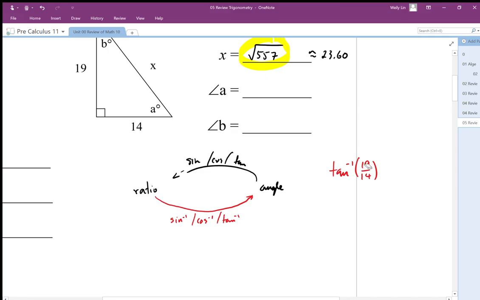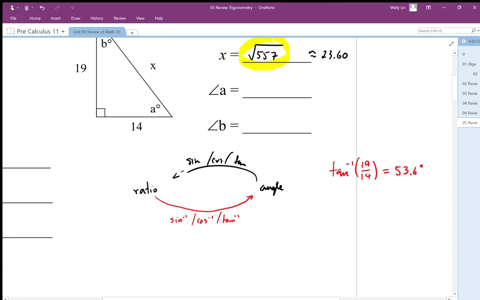I input the ratio into my inverse tan function, and my output should be an angle. When I type inverse tan of 19 divided by 14 into my calculator, I get an angle of 53.6 degrees.